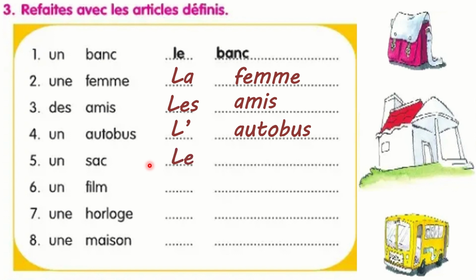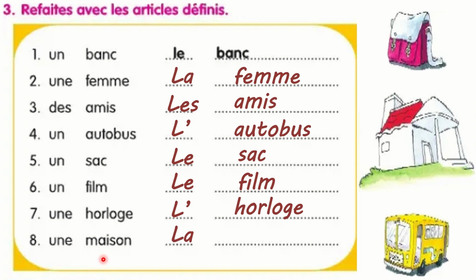The answer is le sac, the bag. Next we have un film, that means a film. The answer is le film, the film. Next we have une horloge, that means a watch. The answer is l'horloge, the watch. Une maison, that means a house. The answer is la maison, the house.